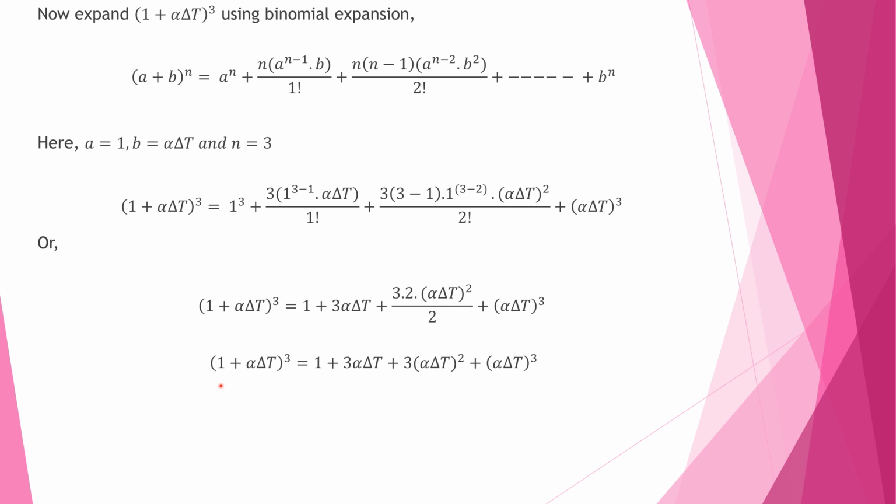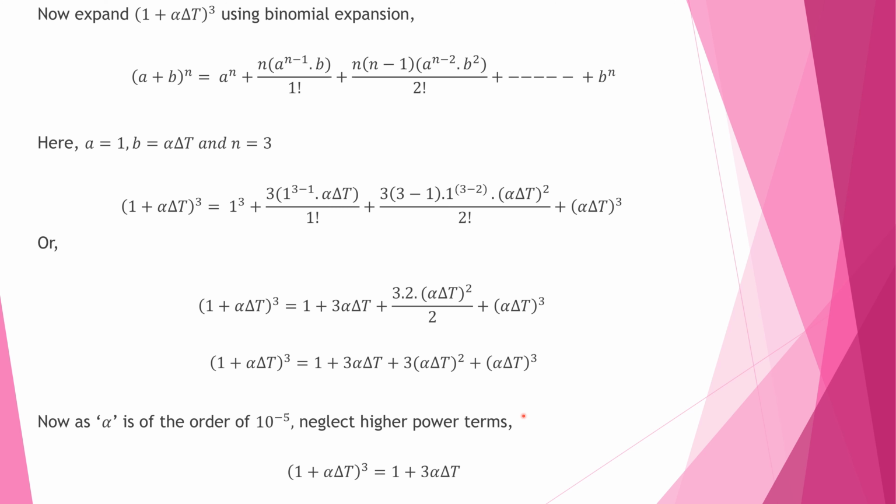The equation changes to (1 + αΔT)³ is equal to 1 + 3αΔT + 3(αΔT)² + (αΔT)³. So in this expression, we know that this α is the coefficient of linear expansion, and it is of the order of 10⁻⁵.